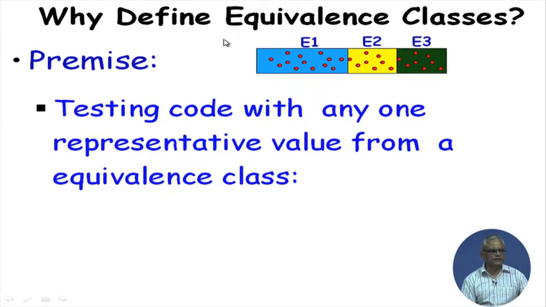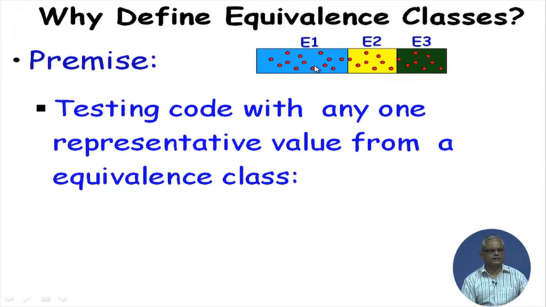So, the premise of equivalence class testing is that we partition the input domain into different equivalence classes. Here the input domain is partitioned into 3 equivalence classes, and the main premise is that if we take any one value from an equivalence class, that should test the system as well as any other value taken from the same class.